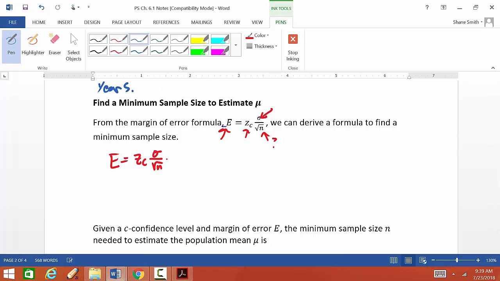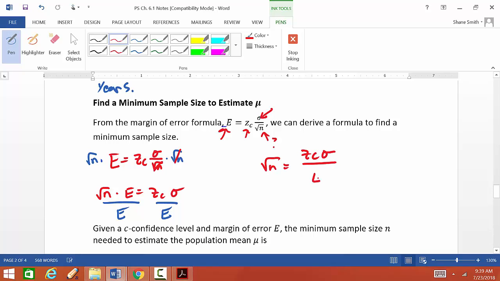and multiply both sides by the square root of n. So we have the square root of n times e equals z sub c sigma. And we can divide both sides by e, and we can square both sides.